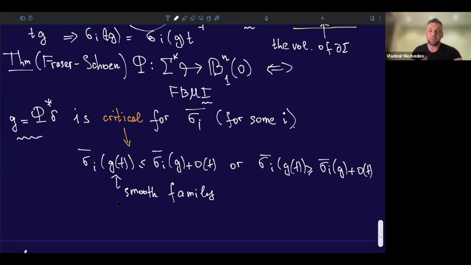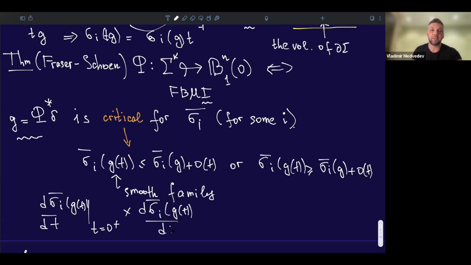If your functional, and this is our case actually, has left and right derivatives d over dt, then you can also say that your metric is critical for the functional sigma i if the product of these two left and right derivatives is non-positive.